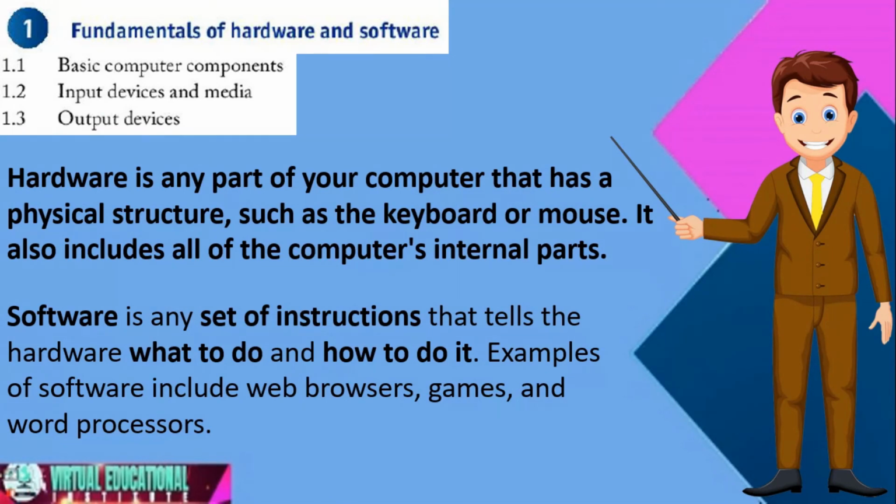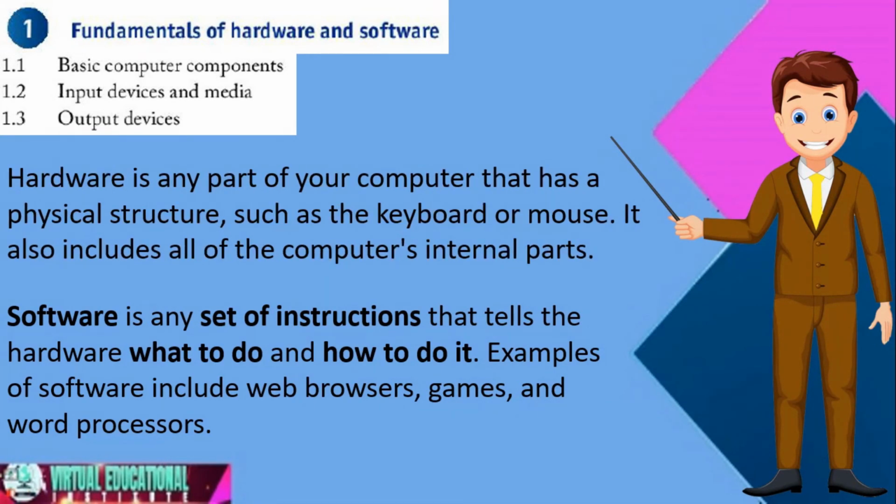So the question is, do you think hardware can function without software? Simply, no. Because it is the instructions of the software that enable your computer to function by telling it what to do and how to do it. Examples of software include your web browsers, your games, and word processing, just to name a few.